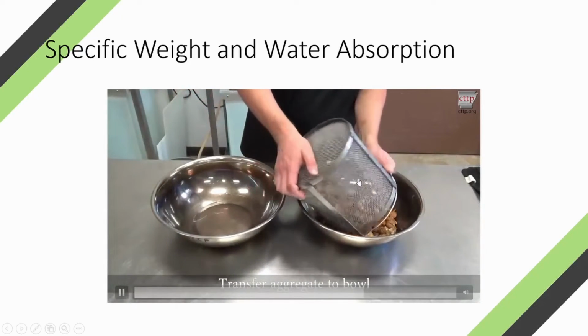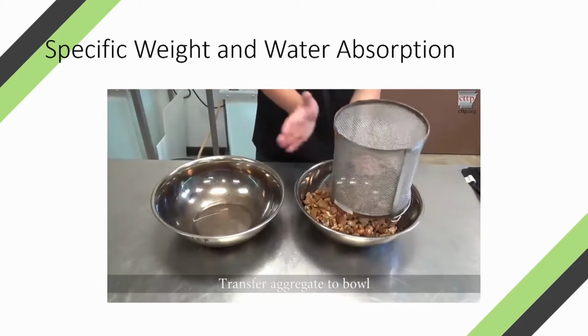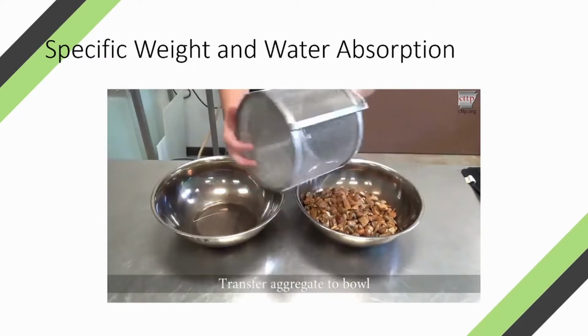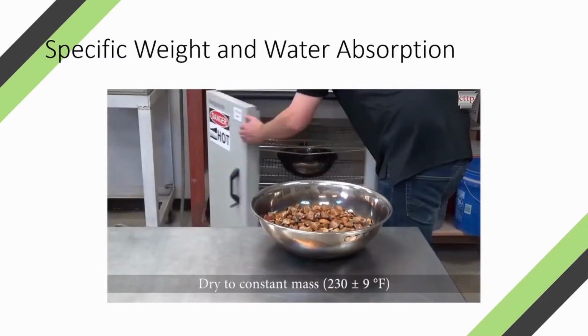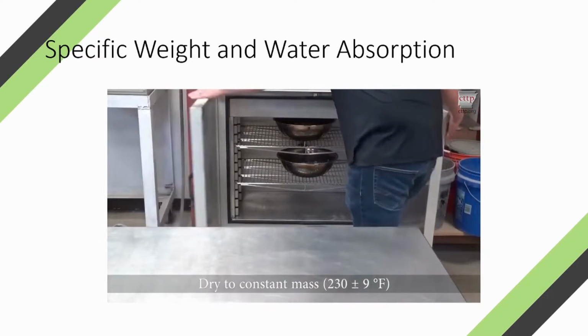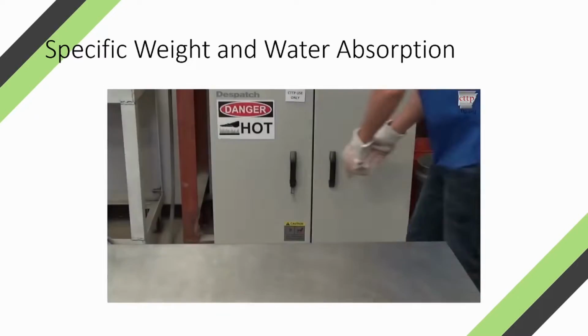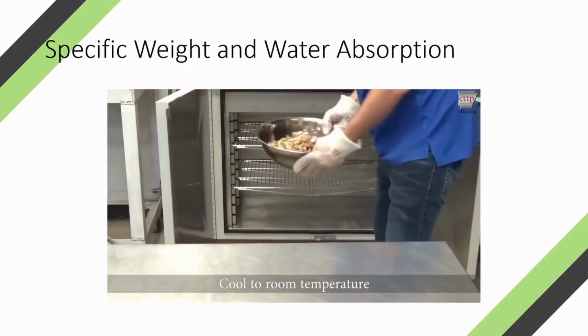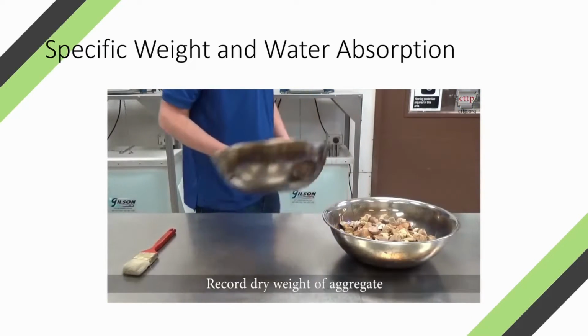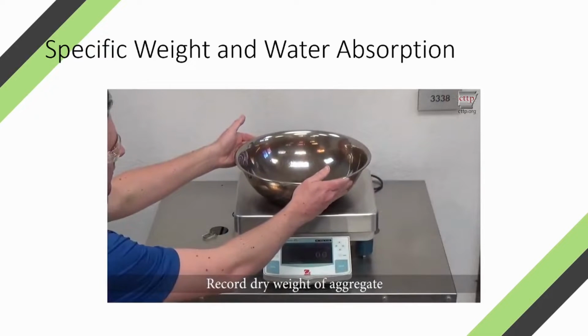Next, transfer the aggregate to a bowl. Dry the sample to a constant mass at 230 plus or minus 9 degrees Fahrenheit. Cool to room temperature. Record the dry weight of aggregate.